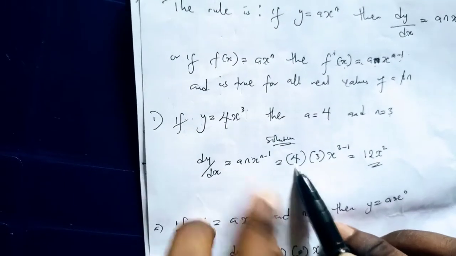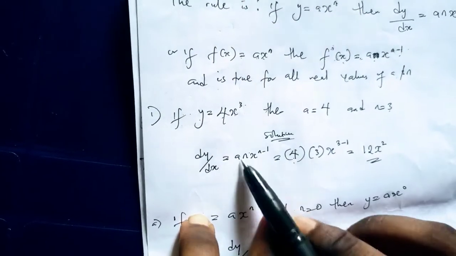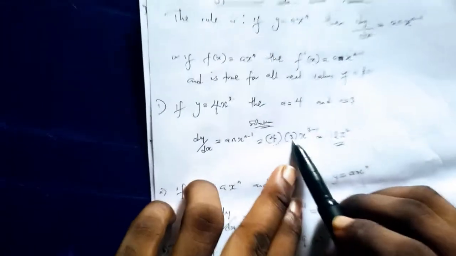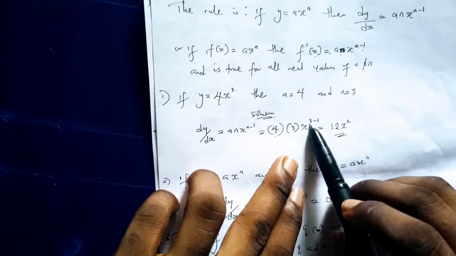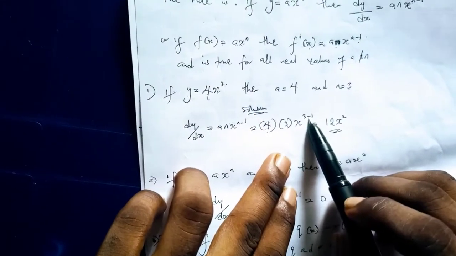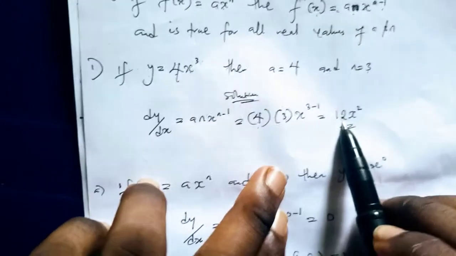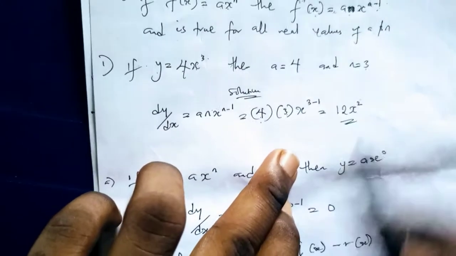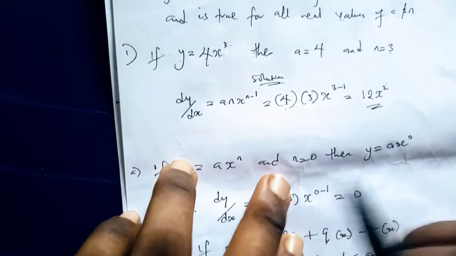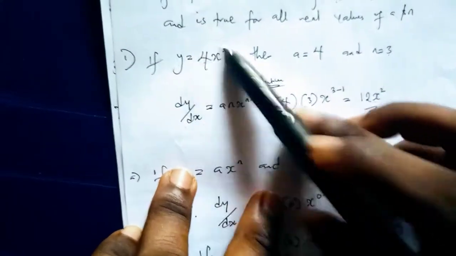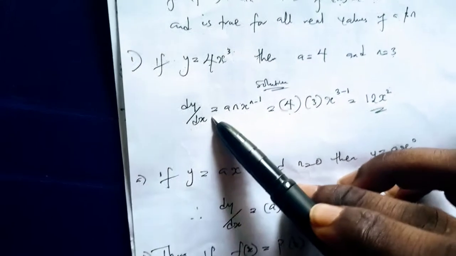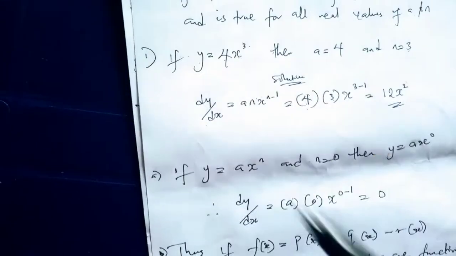The a here is 4 and the n here is 3. So I have minus 1 from 3, and 4 times 3 is 12, then x squared, and this is the derivative of this function. So we have differentiated this function.